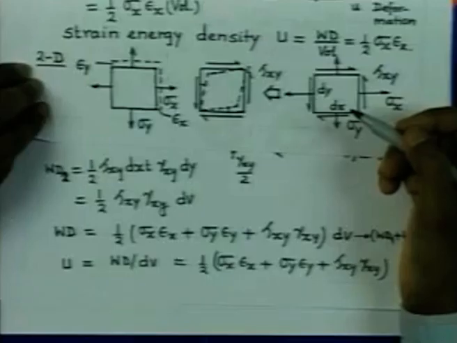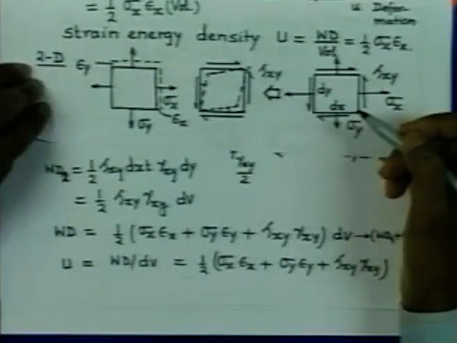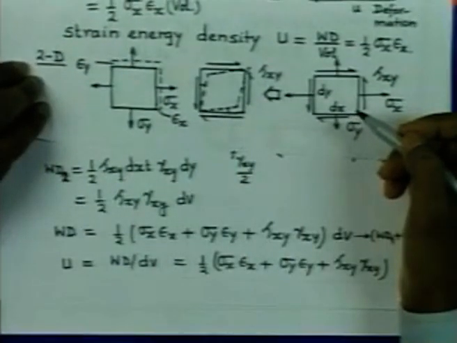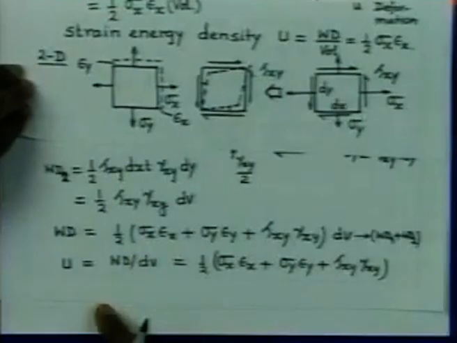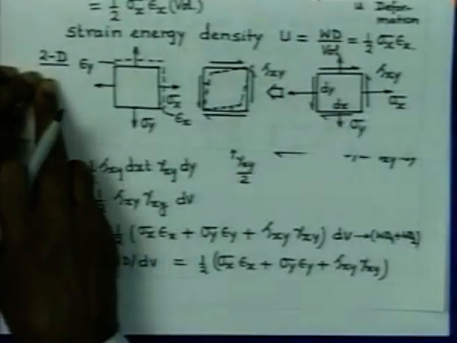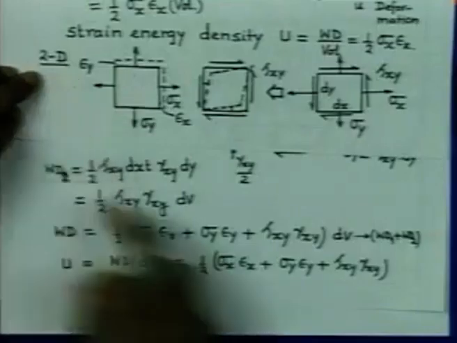But there is no strain in the z direction, therefore there is no displacement in the direction of z, and hence there is no contribution from the stress sigma z, and the energy calculation in the case of plane strain as well will be given by this formula. That is why this formula is true for both plane stress and plane strain, which are both 2 dimensional.